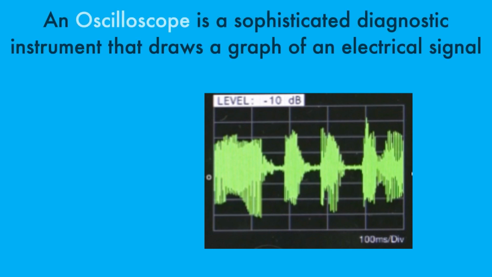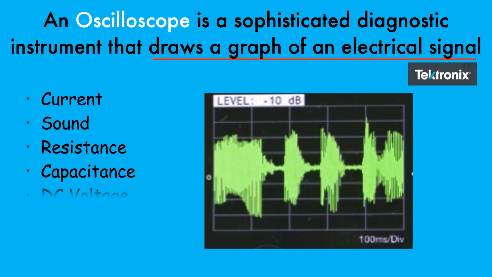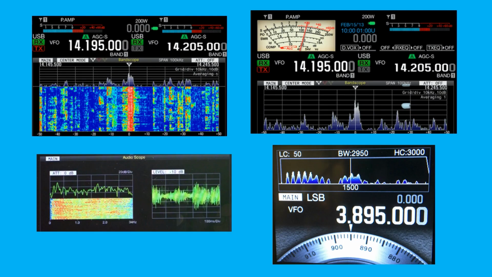So the definition of an oscilloscope is a sophisticated diagnostic instrument that draws a graph of an electrical signal. Now, there are many electronic processes that the scope measures, but for ham radio, it's a more narrow range. These are some of the many scope images available in ham radio, from the TS990. They have different displays. They vary in type and function, and they give the operator tons more information about the exchange than they'd have without them.